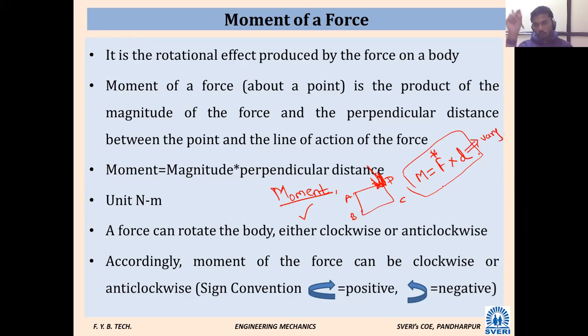That's why the moment due to the same force may change, or should change, at different points, because we are going to change the distance, or more specifically the perpendicular distance between the point at which we want the moment and the line of action of the force. That distance is going to change. That's why the moment due to the same force at different points will be different.